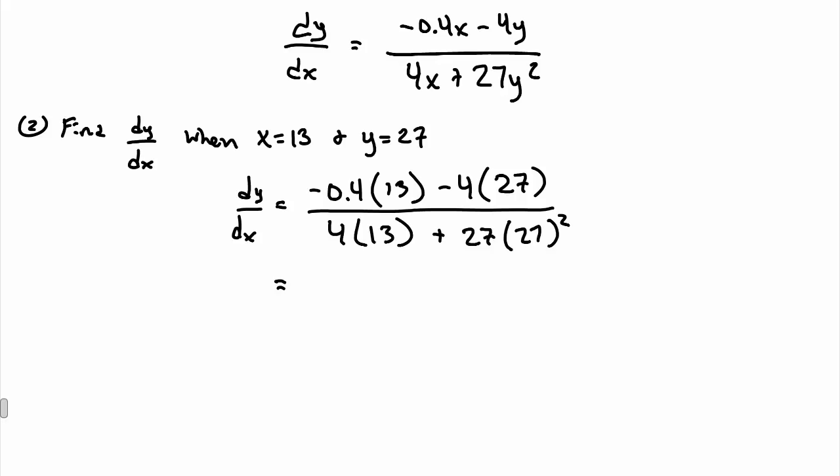Negative 0.4 times 13 is negative 5.2, minus 108, divided by 52 plus 19,683.